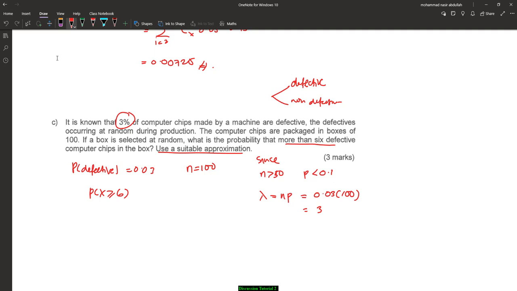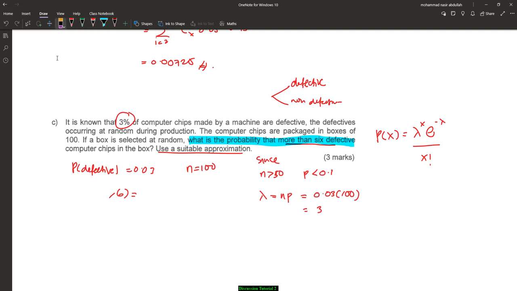So since we want to find probability of x more than 6, we can use a Poisson distribution: lambda power of x, exponential negative lambda, divided by x factorial. Wait, I read the question wrongly. What is the probability that more than 6 is defective?